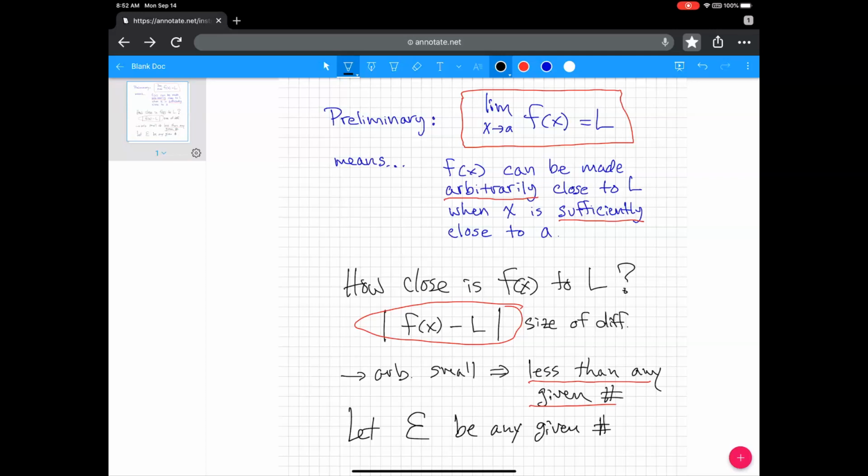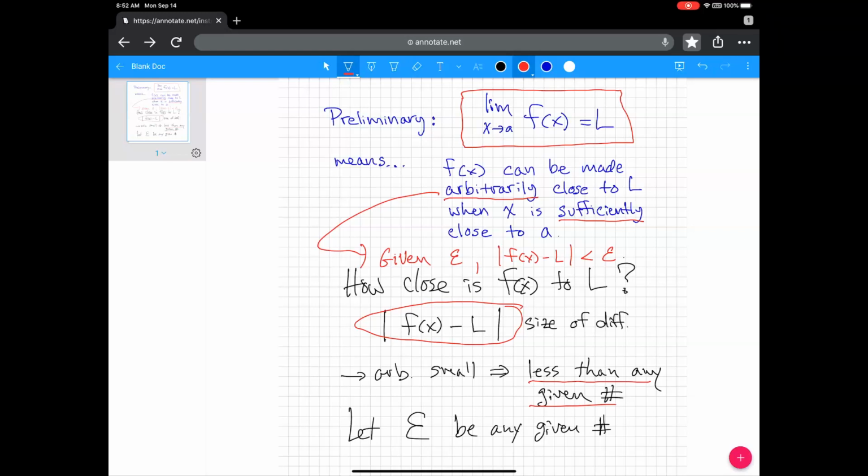So this first part of the preliminary definition, f of x can be made arbitrarily close to L, will translate to: given epsilon, the absolute value of f of x minus L is less than epsilon. That's what it means, arbitrarily close to L. So you give me how close it needs to be.